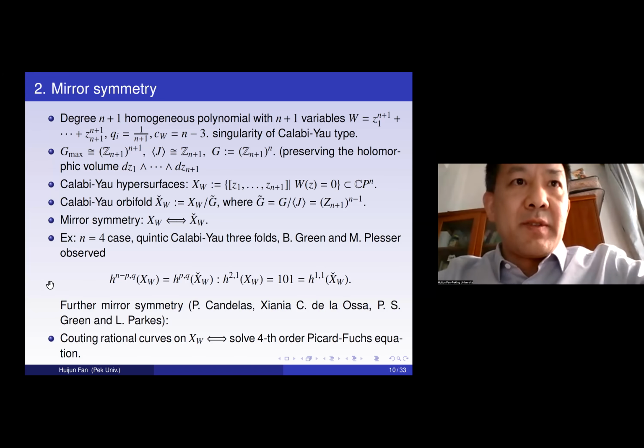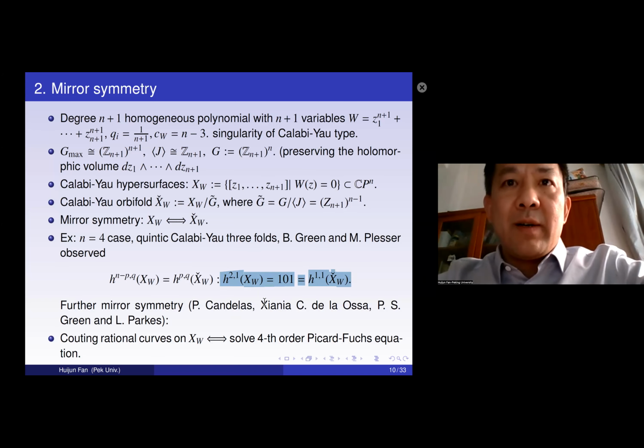They observed the following symmetry between Hodge numbers: H21 of XW equals 101, but this is just H11 of X check. Here I cheated you a little bit, because we should use the crepant resolution of X check, but of course it equals the Hodge number defined on this orbifold Calabi-Yau manifold.